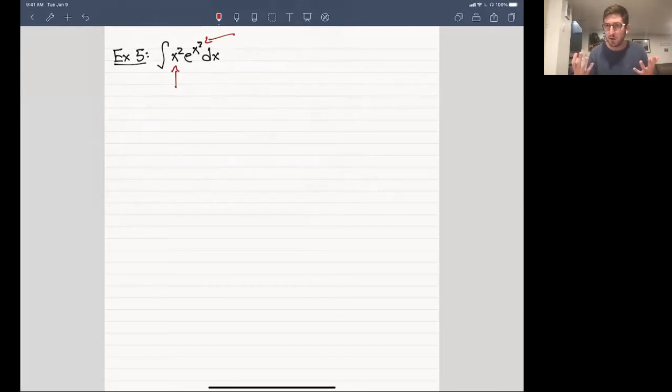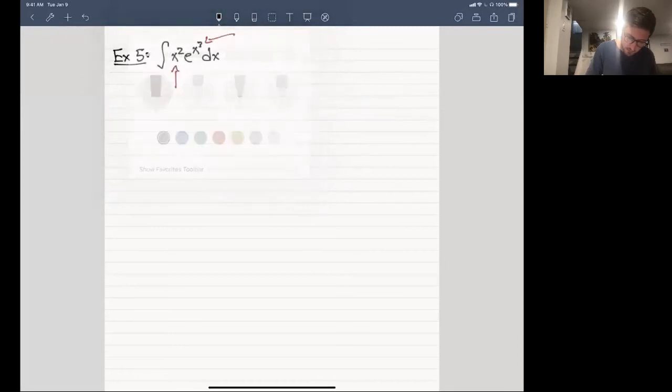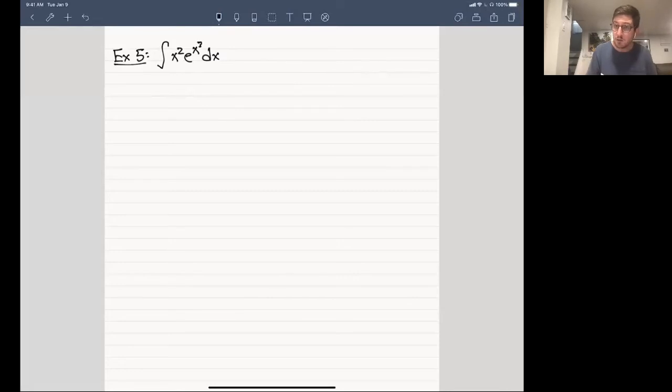Now, what do we know about polynomials? When you take a derivative, you lose 1 order. The degree goes down by 1. So that means that if I substitute for x cubed, then the du term is going to give me an x squared in it. So let's try that.